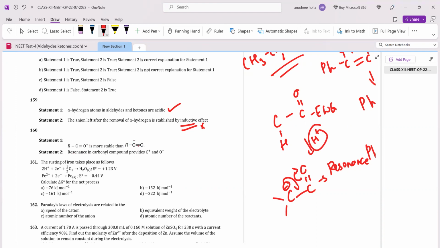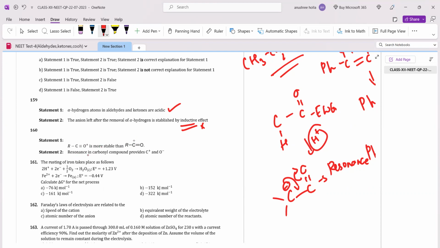One, two, three, four, five, six over here. So in the resonating structures, the octet electronic arrangement should be the same, like octet should be completed. So since your octet is not completed, this resonating structure is less stable than this. So this is more stable. Yes, this is also a true statement.